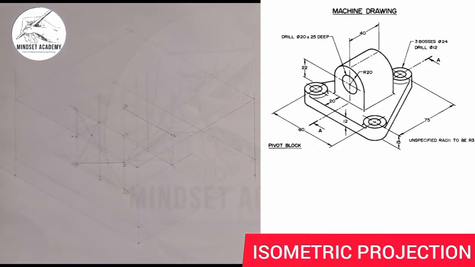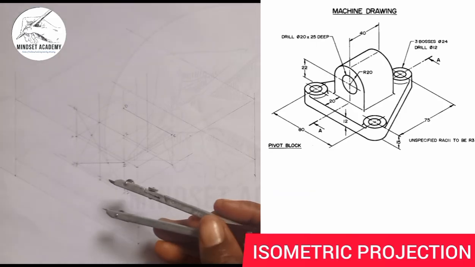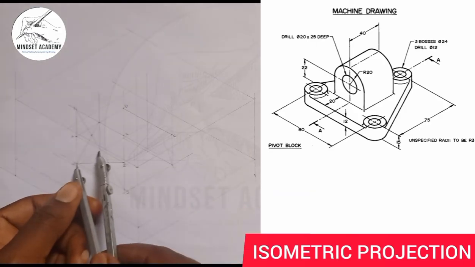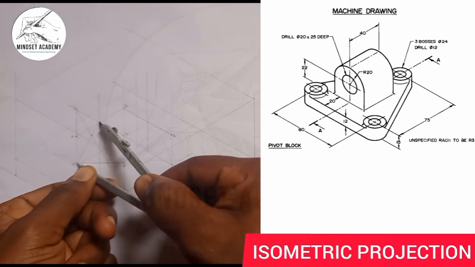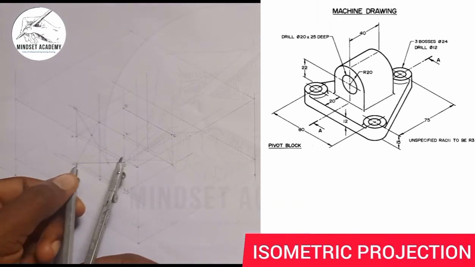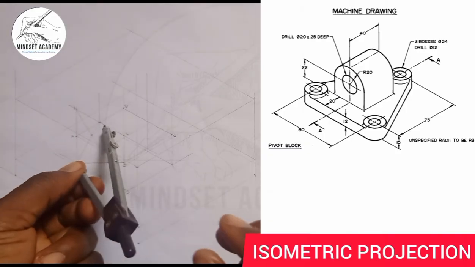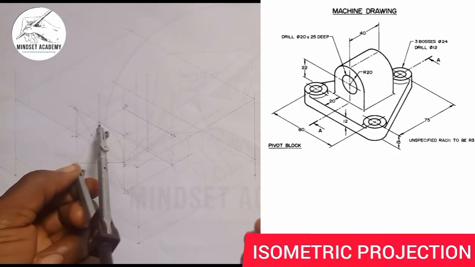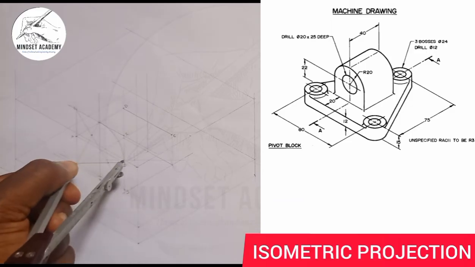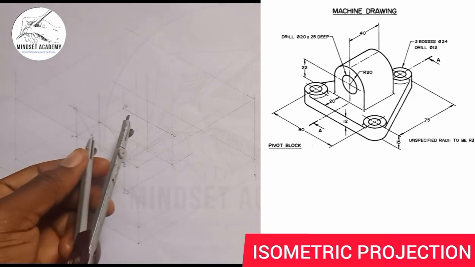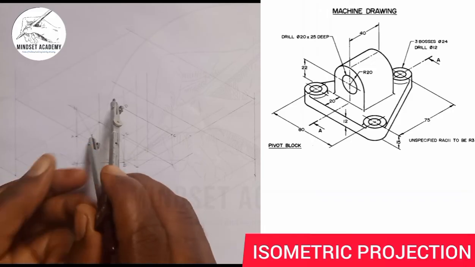So in doing that, I will now take my compass, right? And I'm going to place it at this point 4 here, take it to this point, and I'll draw my arc this way. And I'll come to 1 here, to the center point here.